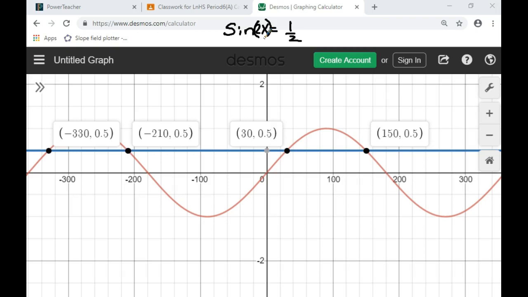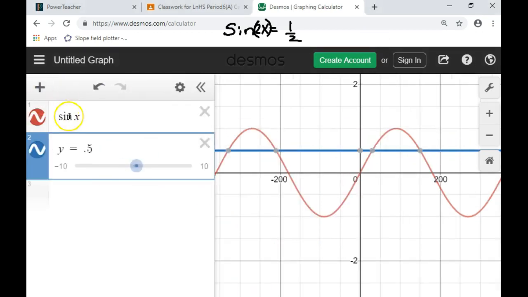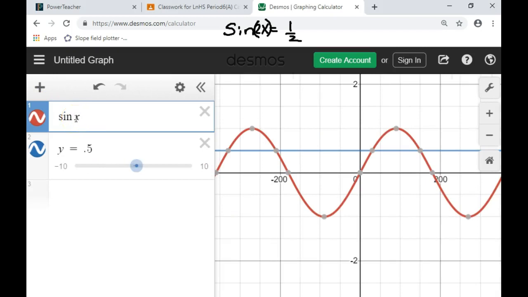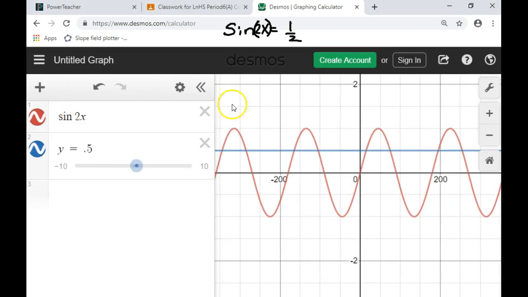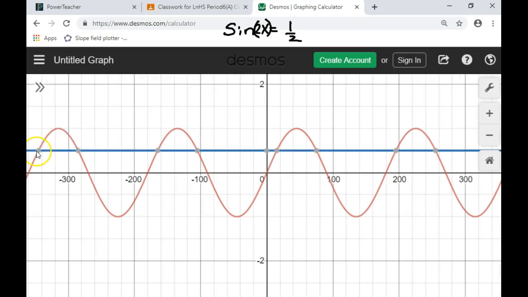I want to demonstrate what that does to our solution. Right now we've got these 4 answers up here. But if I take my equation sine x and put a 2 there, it compresses the graph. What do you notice about the solutions now on the same interval?